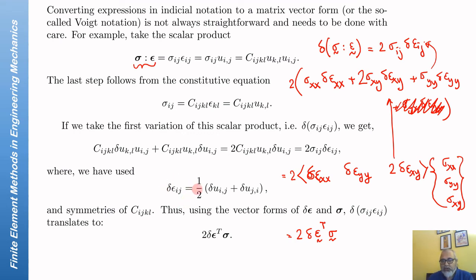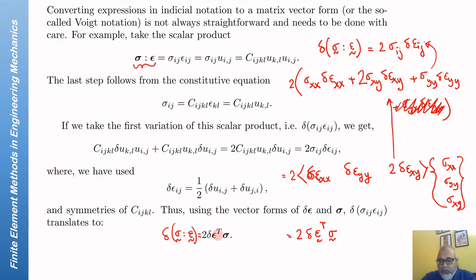If we go through the steps using indicial notation, we are able to get the correct definition of some of these quantities, which will help in avoiding problems later. So just remember this, that we have just proved that this is equal to 2 delta epsilon times sigma.